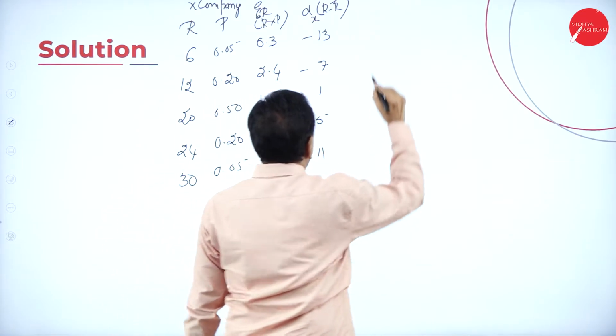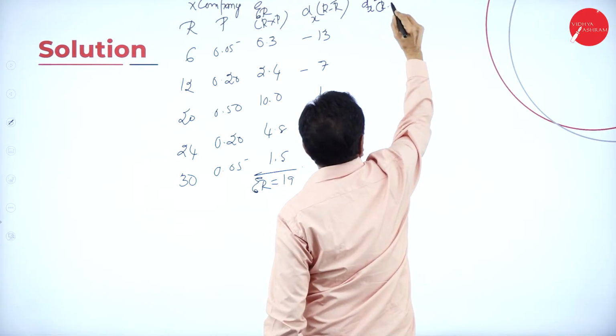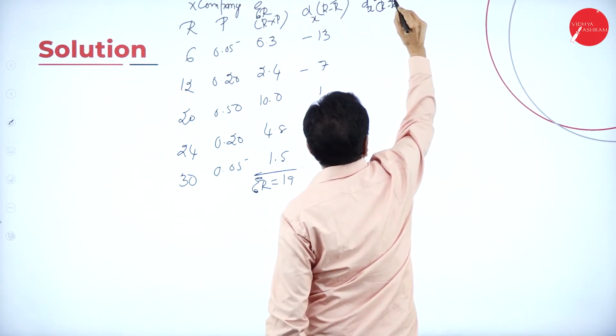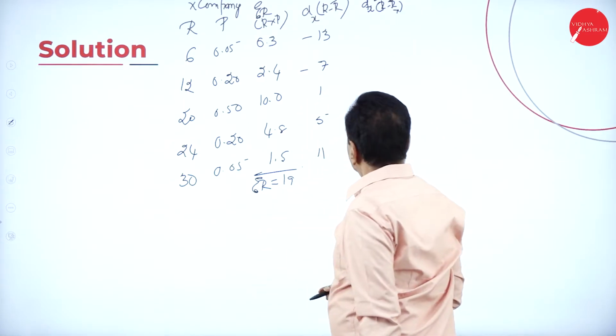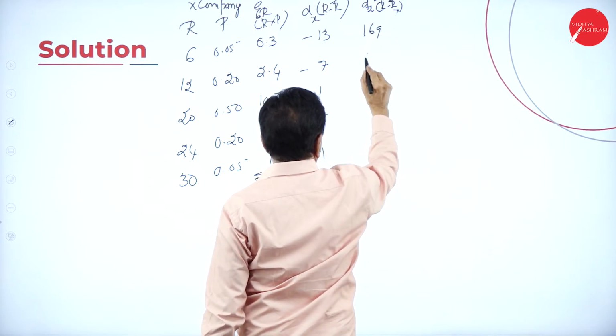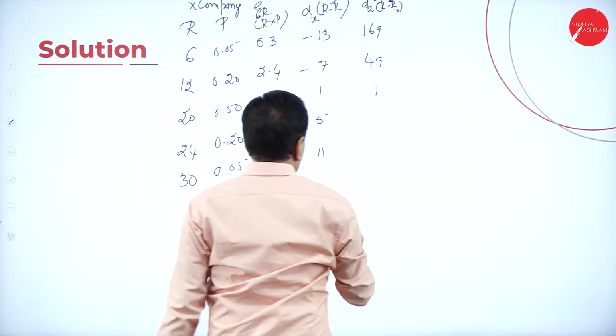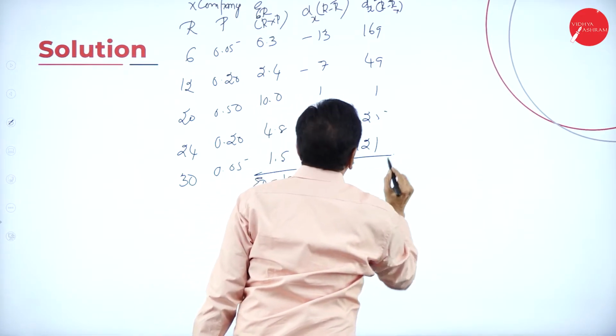Then dx squared, this is nothing but r minus r mean whole square. 13 square is 169. 7 square is 49. 1. 25. 121.